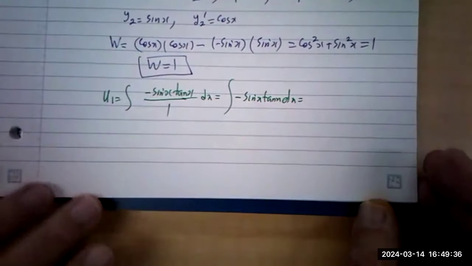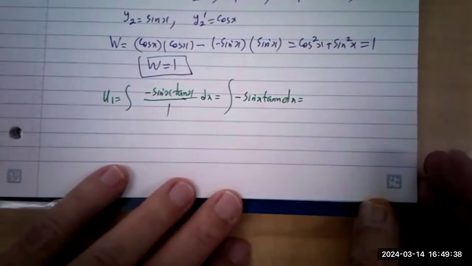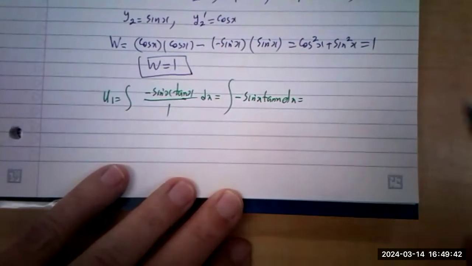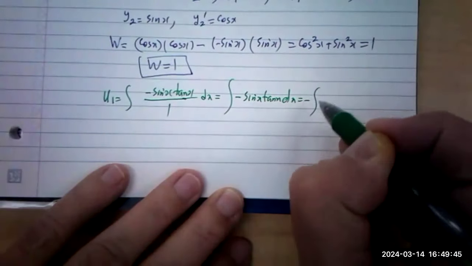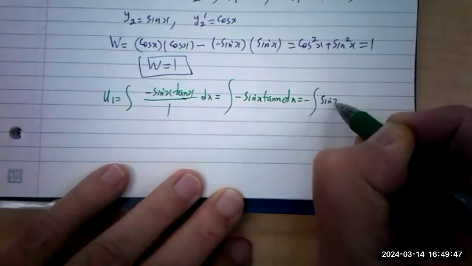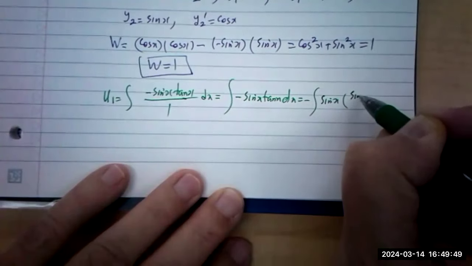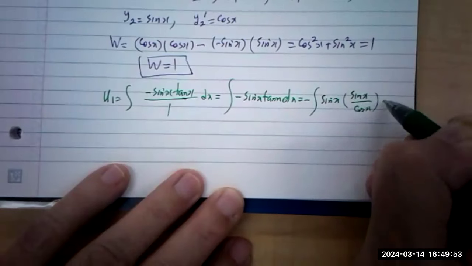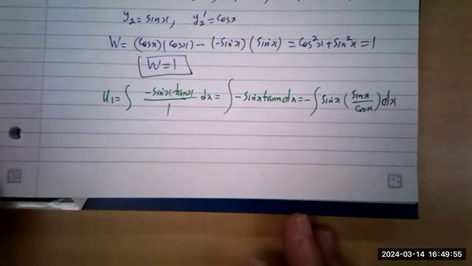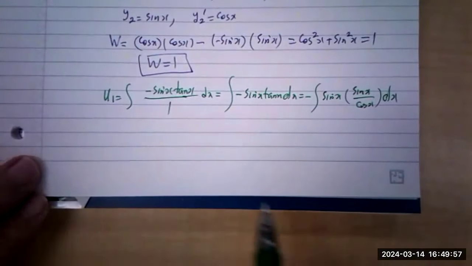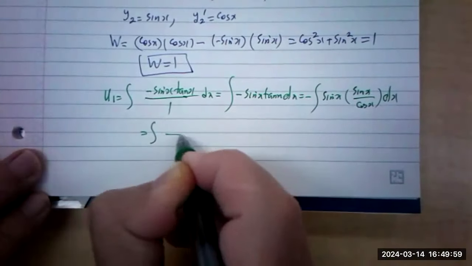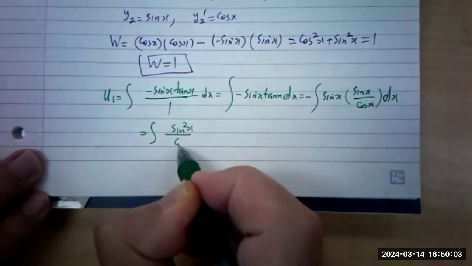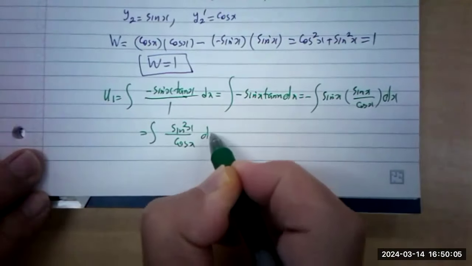We have to integrate it. You may change this tangent into sine over cosine, or use some other method. This is one version to do it. So you arrive at sine squared of x over cosine x dx.